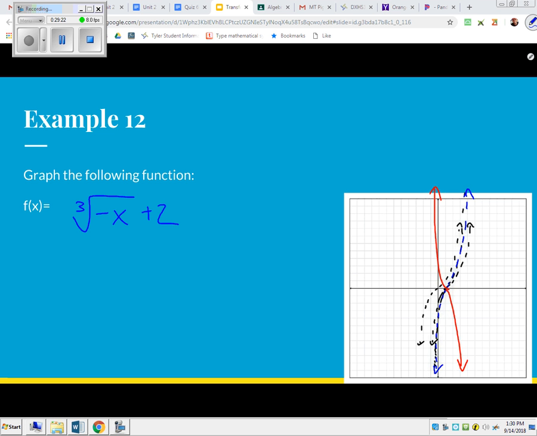I'll just leave this one pretty basic. We might do an extra one. What does my cube root function look like? All right. The sleeping snake on a plane.